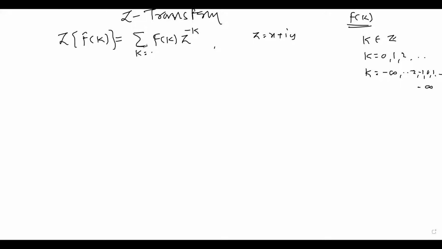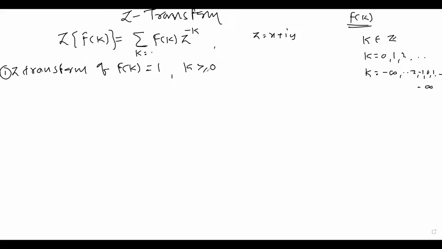So let us find the Z transform of the sequence. First example: the Z transform of the sequence f of k is equal to 1, and here the domain is k greater than or equal to 0.